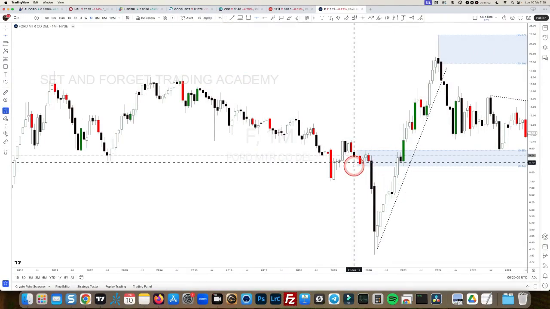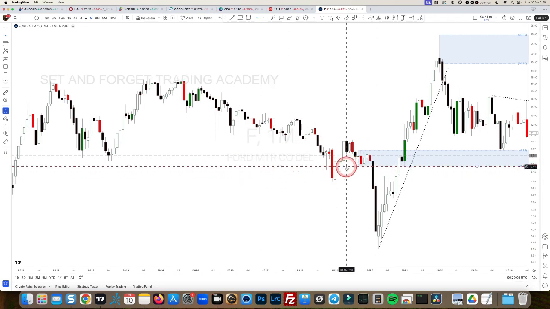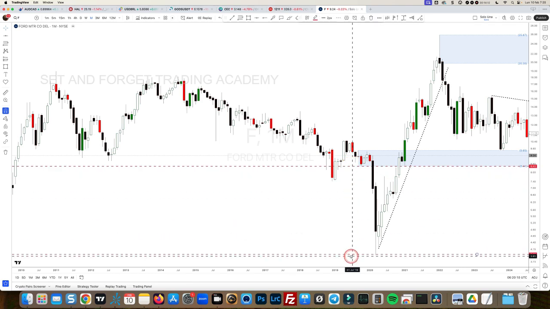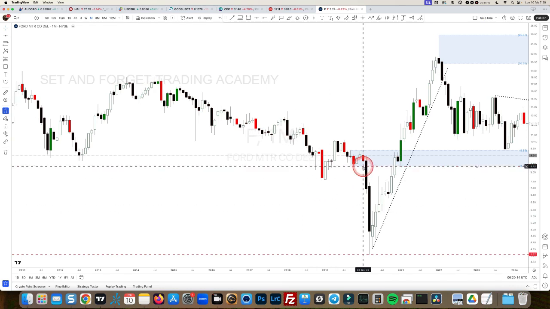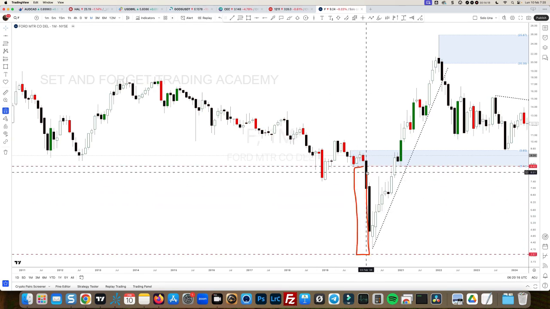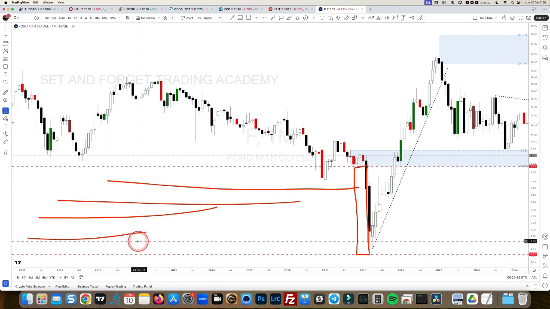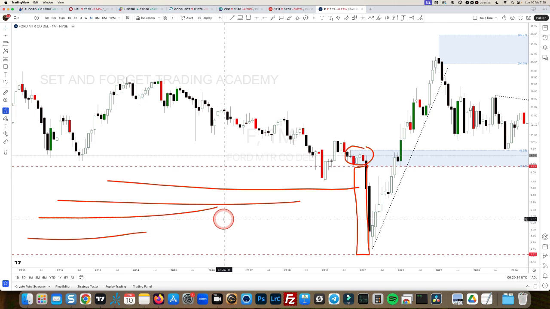So if the basing structure, the proximal line would be drawn like this, I would draw a horizontal line there, and another horizontal line right where it stopped. So in this process from here to there, there must be some demand eliminated in order for this to be considered a supply level.